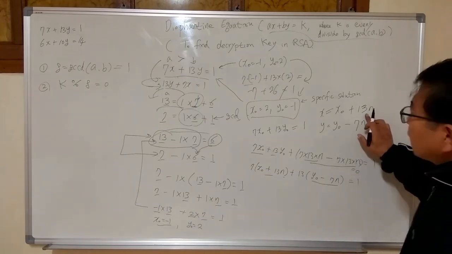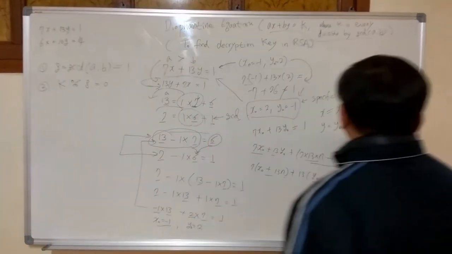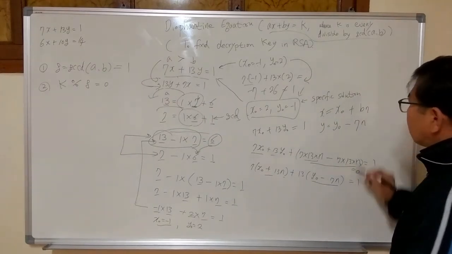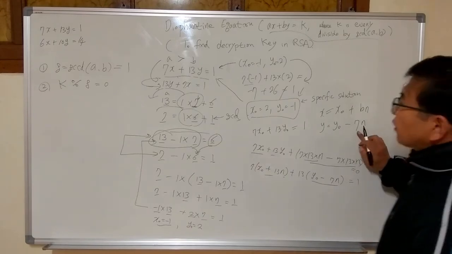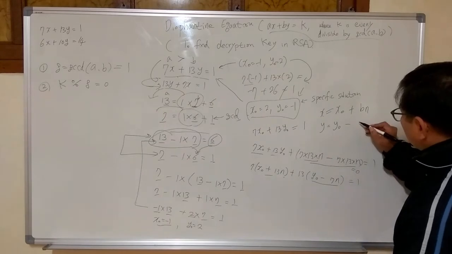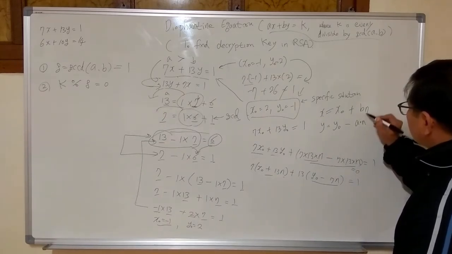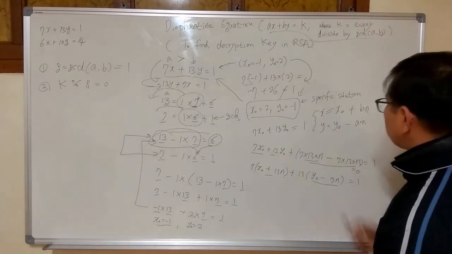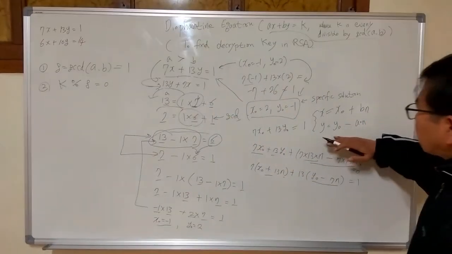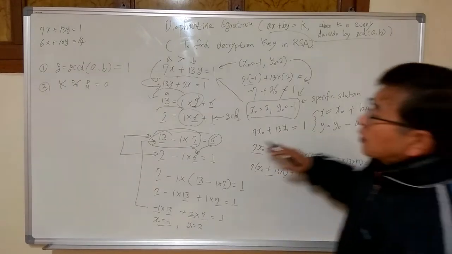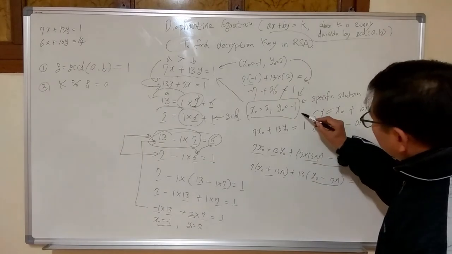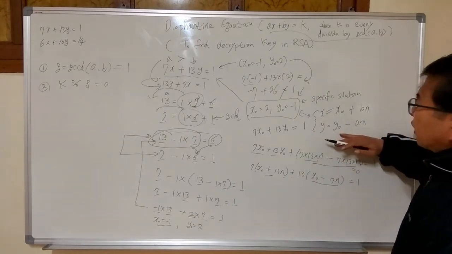Please note that 13 is b actually, so we can put it like this, bn, and 7 is a, so we can say an. Okay, these are general solutions. In this case this equation is correct, but in the general case, this equation is not correct. For the time being, we will regard it as correct.